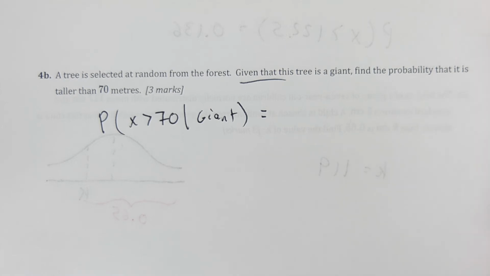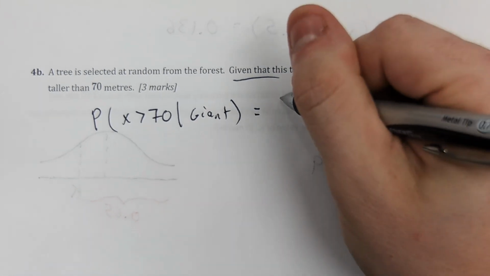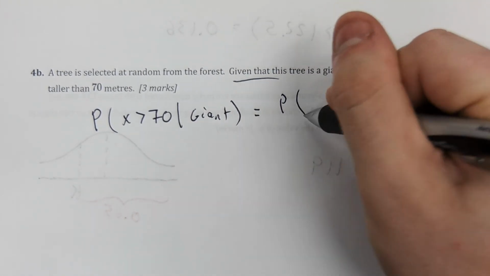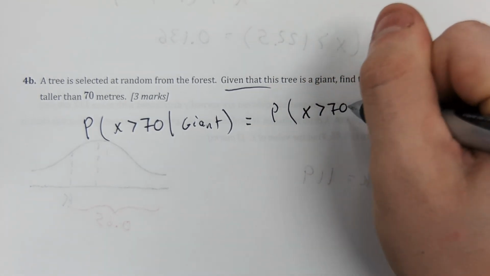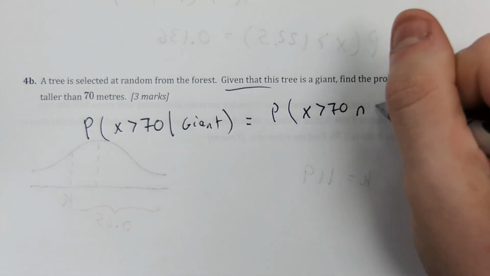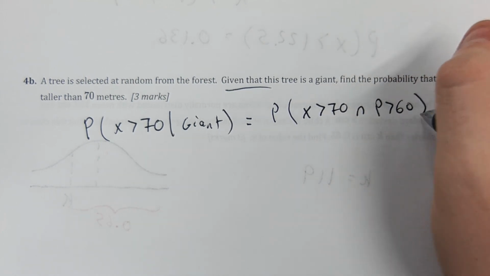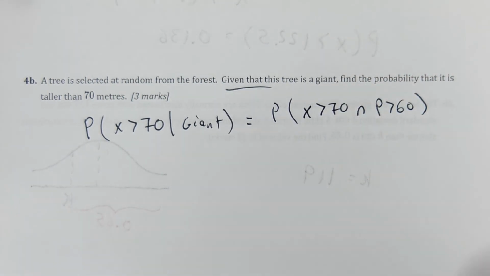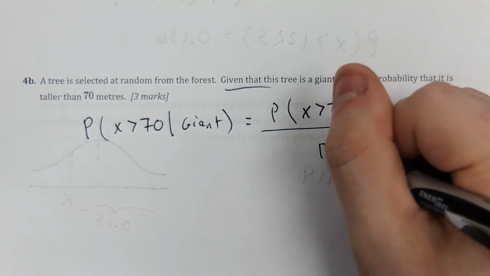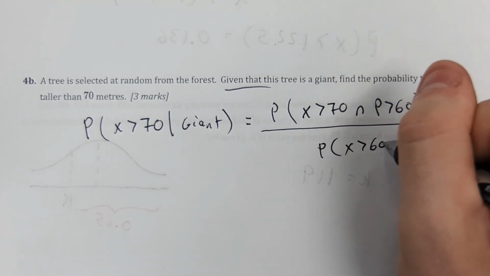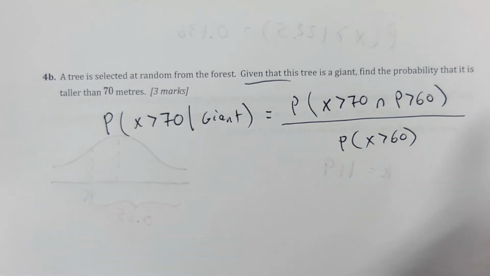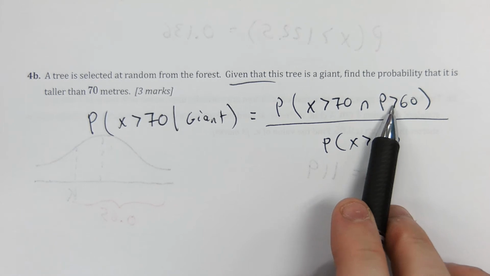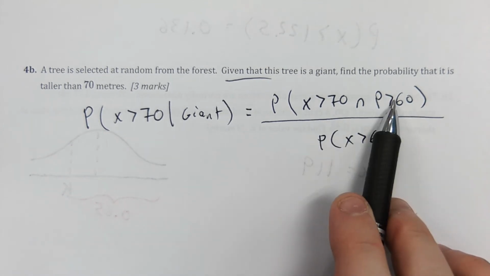But well, if it's more than 70, it's probably more than 60. Exactly. So here's how this works. The probability that it is greater than 70 and it's greater than 60, that's so stupid. And then you go, divided by the probability that it's giant. So really all we needed to do, because this was dumb to say, because if it was greater than 70, it was automatically greater than 60.